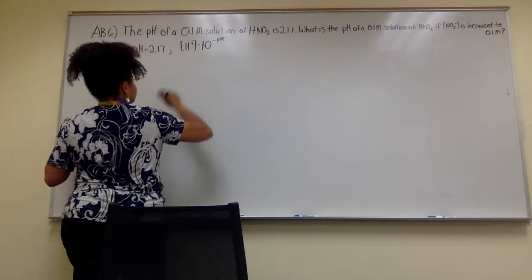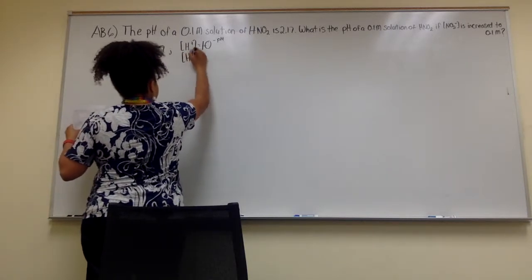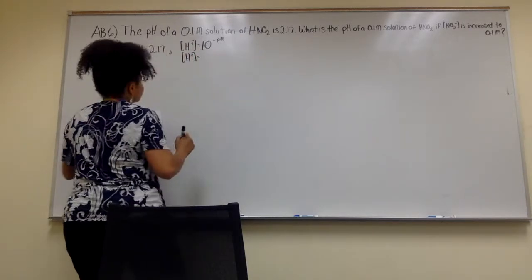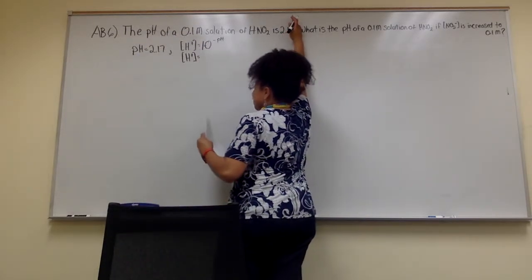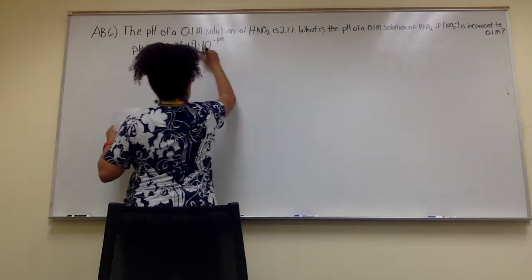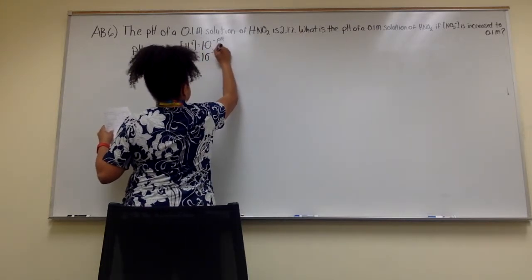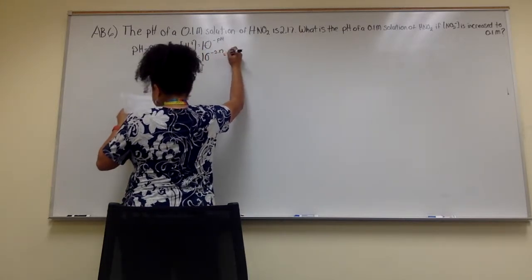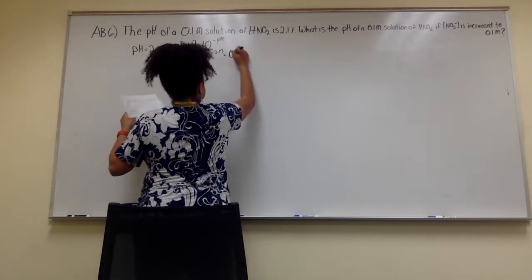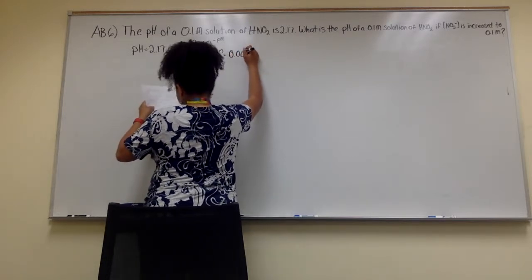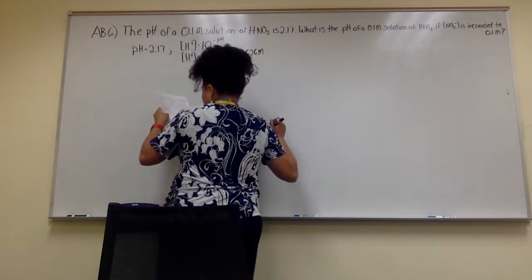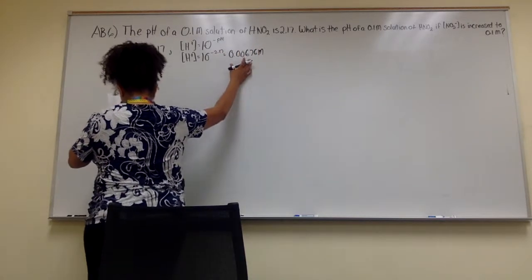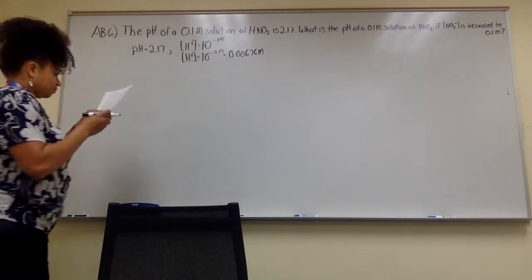We have a pH, so we know that the concentration of protons in this solution up to this point, without adding anything to it, is 10 to the minus 2.17, which is equal to 0.00676 molar. Okay, so that's what we have, which is very, very small.